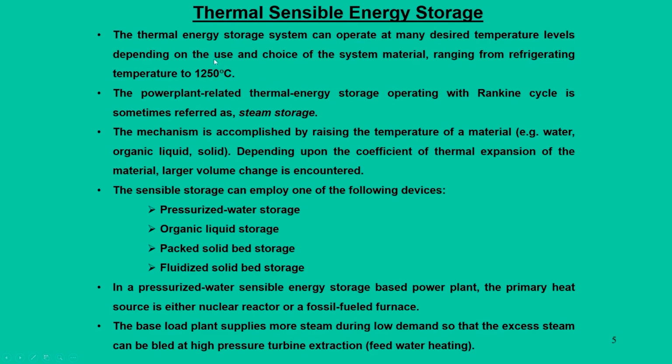The advantage of thermal energy storage systems is that we can have a wide choice of system materials, and they can operate in the range of refrigerating temperature to 1250 degrees centigrade. By refrigerating temperature, I mean it is not exactly 0 degrees, which is for water, but there are some materials which have the capability to store energy maybe below sub-zero.